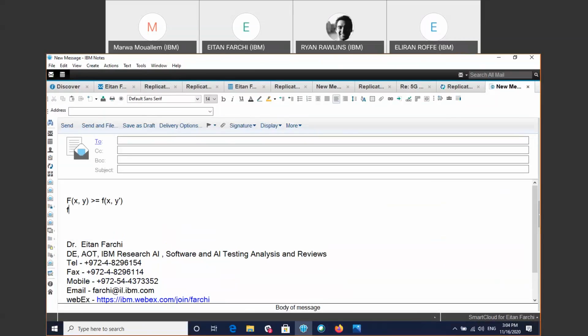Or if player number 1 changes its action to some X prime, it loses. Okay? So that's the definition of a Nash equilibrium.